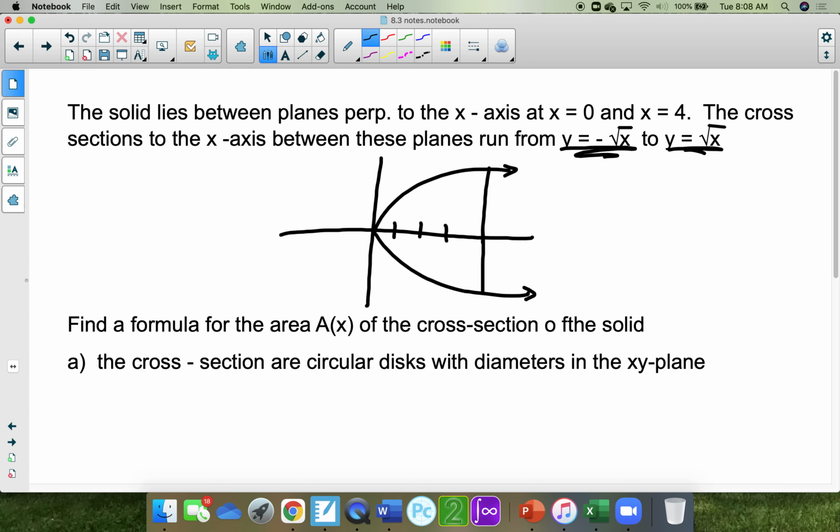Basically we're going to come up with a formula for the area. The cross sections are circular discs with diameters in the XY plane.